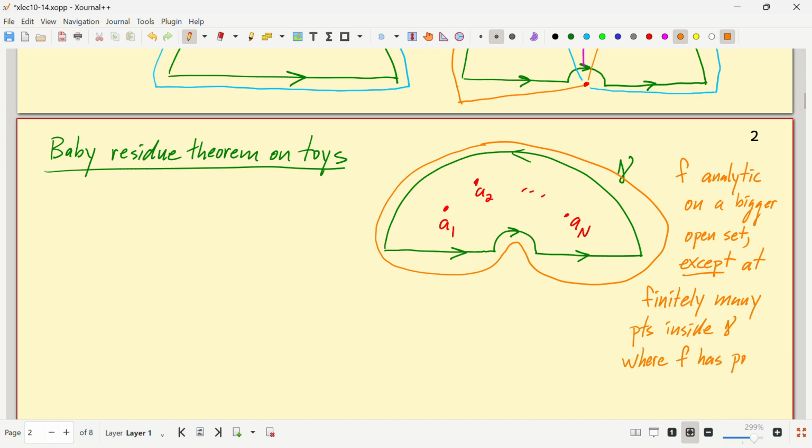In the future, we're going to allow essential singularities at those points. So the baby residue theorem requires them to be poles.